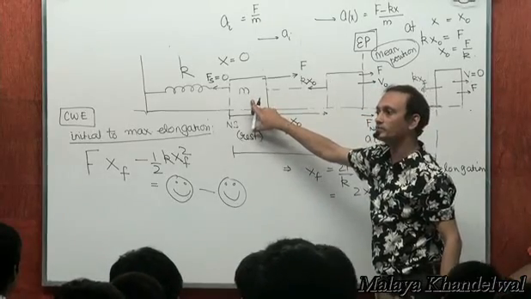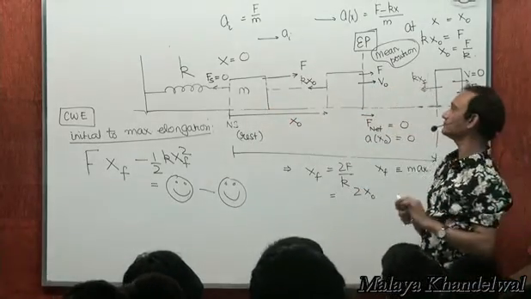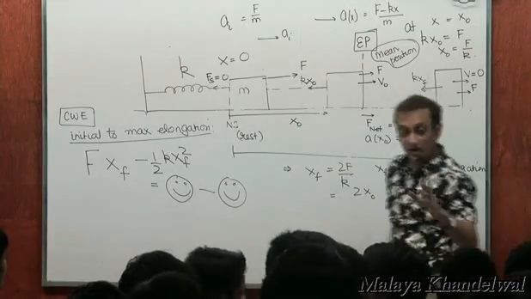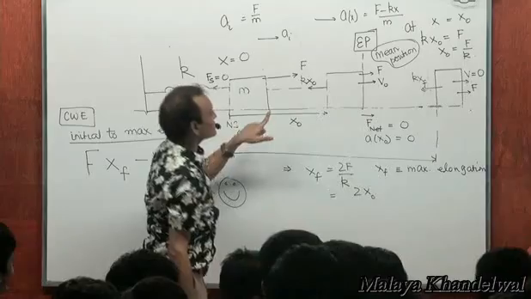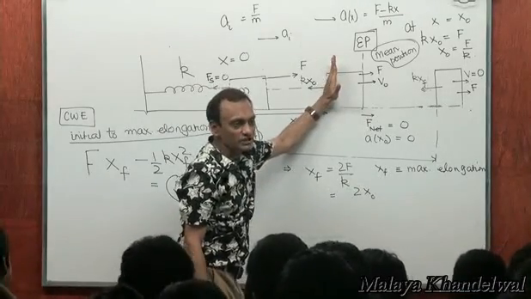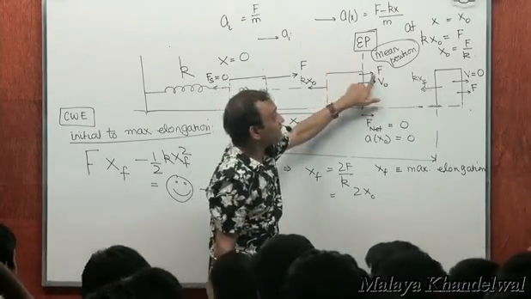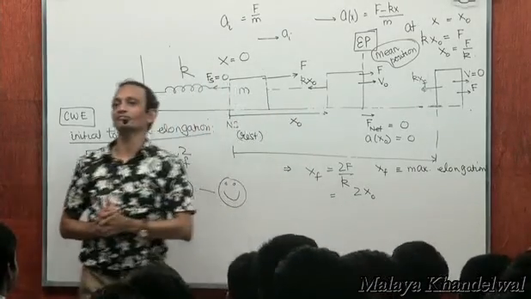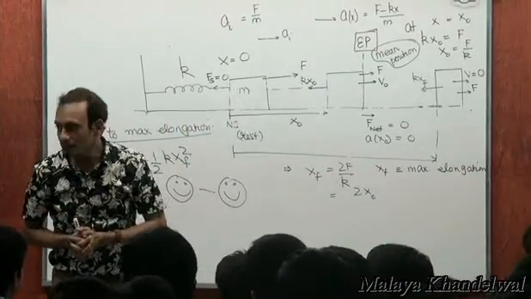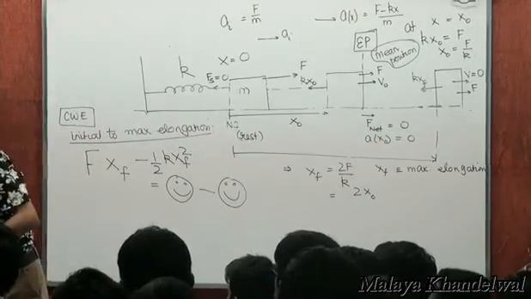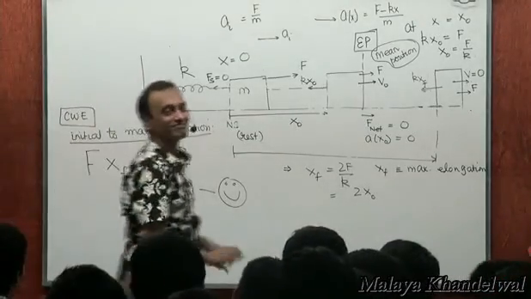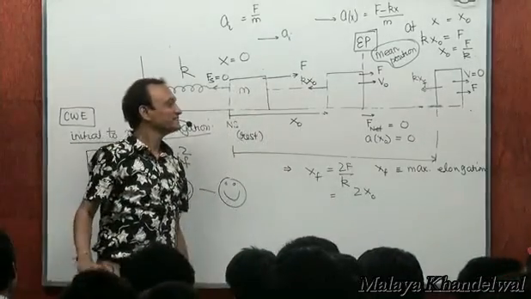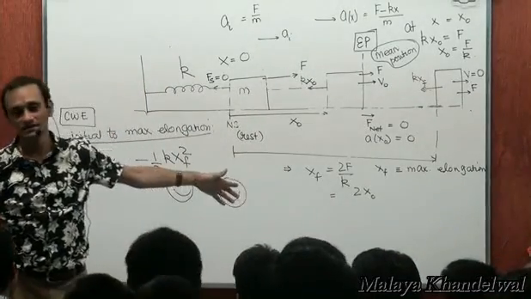It will come to this point. Because once it comes to the equilibrium position, this F becomes larger than kx. Right? You understand this, right? Not a problem.